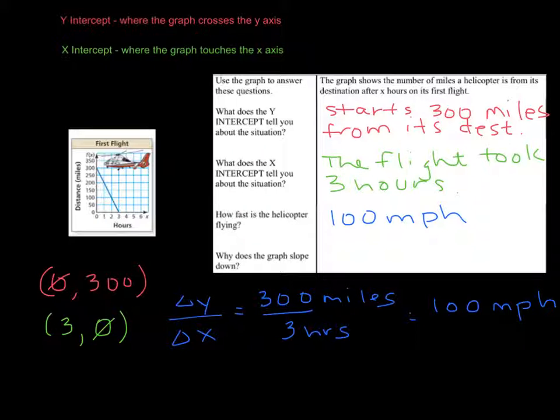Okay? All right, so we covered all of this in class, but then there was a second part to this. So let's go ahead and look at that. Then it says we have a second flight. It says on its second flight, the helicopter travels 50 miles further and increases its speed by 25 miles per hour.